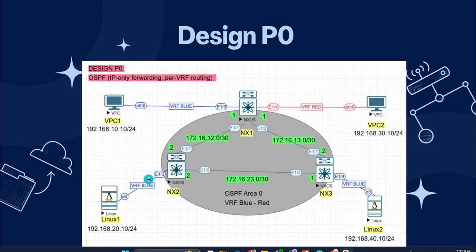In this case, we have two VRF IDs, VRF blue and VRF red. We can make sure that VRF red and VRF blue do not conflict, and we can have service connectivity from Linux 1 to Linux 2, which have the same VRF ID.